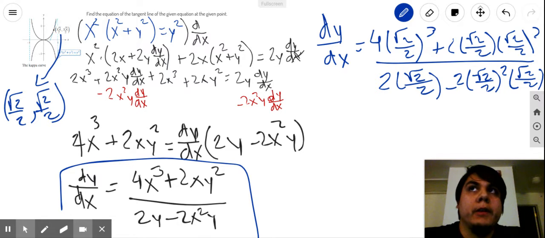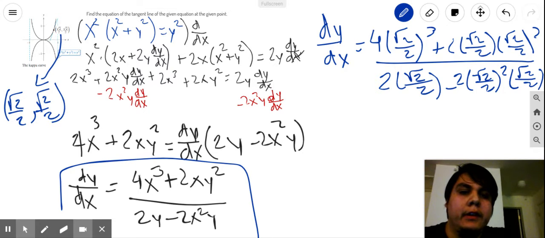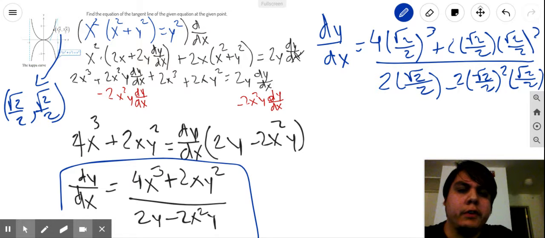All right. Since all I have to do now is simplify that, I'm going to try to do that a little bit in my head and write out what I need to. So for the first part, I'm going to get 4 times 2 root 2 over 8.